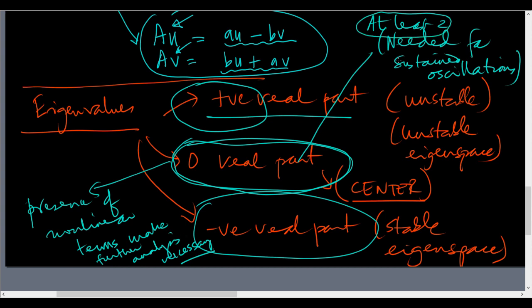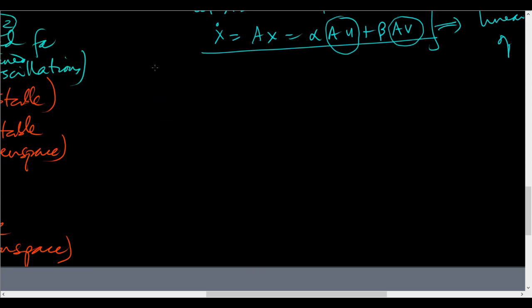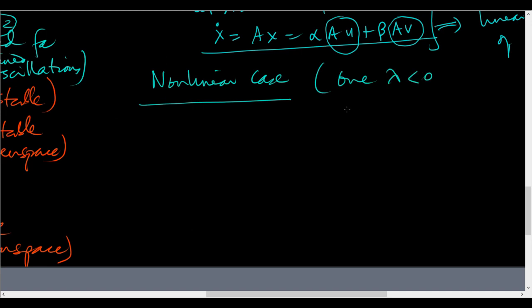Okay, now in the nonlinear case, what will happen? So 1 lambda less than 0 and lambda equals plus minus i omega, this case.